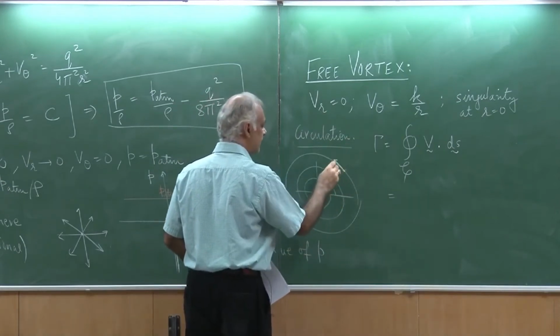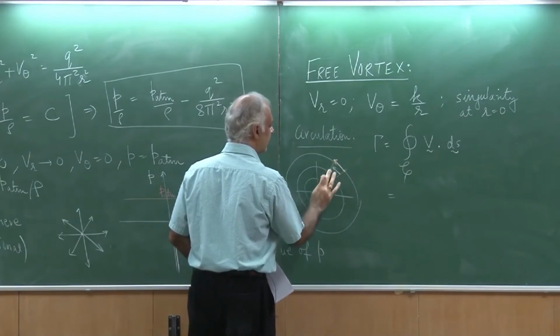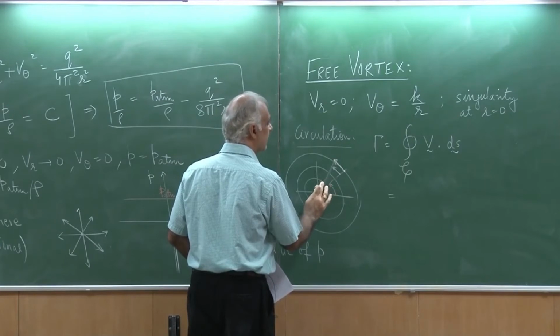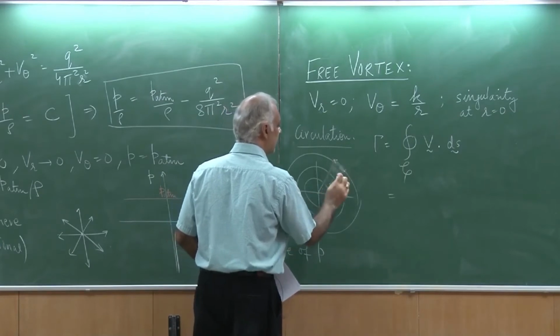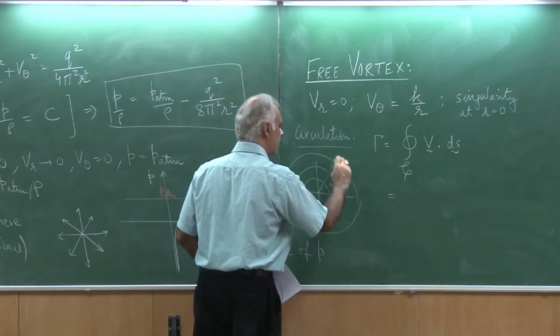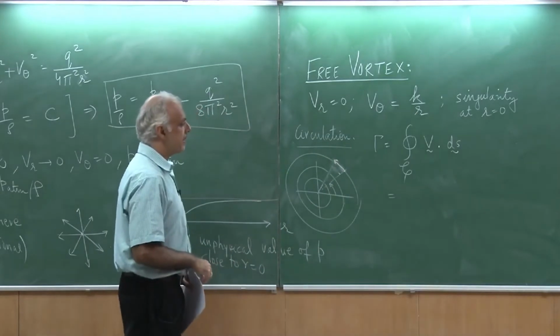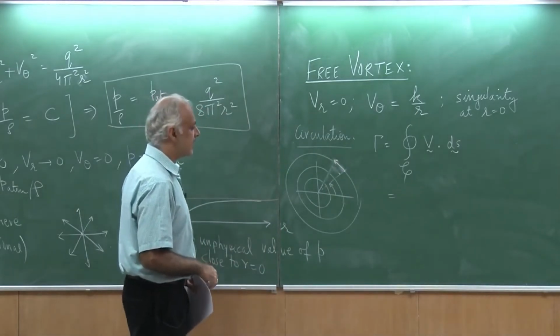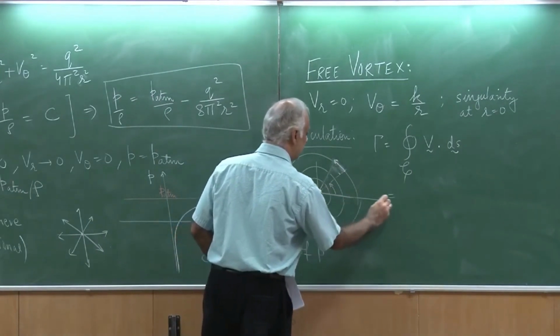If I drew a velocity profile, it is k by r, so my r is reducing. Maybe I don't draw the velocity profile, I just show you that the velocity is in this direction. In fact, if you want to draw the velocity profile, maybe this would be a good axis.